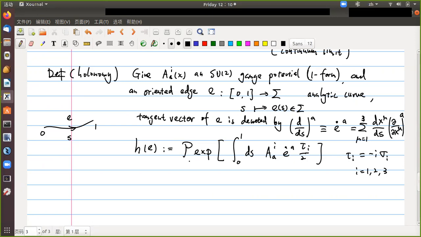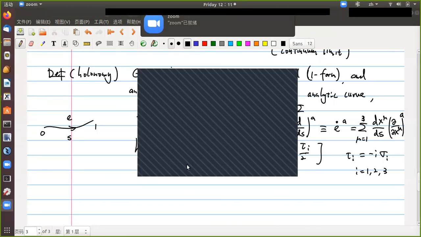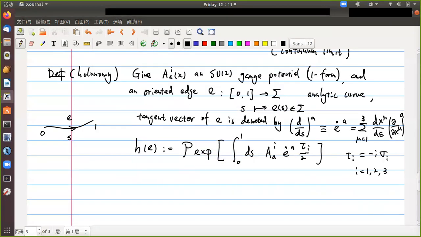It relates to path orientation. The edge must be oriented. Firstly, because you have a parametrization of the curve, there is orientation because you know where 0 is and where 1 is. This orientation is just the flow of the parameter.